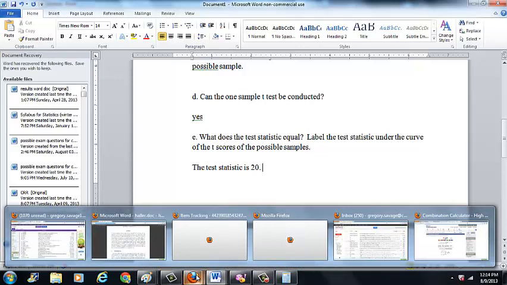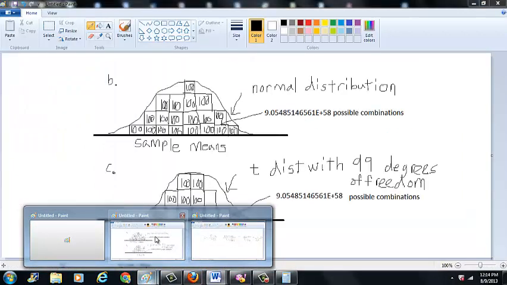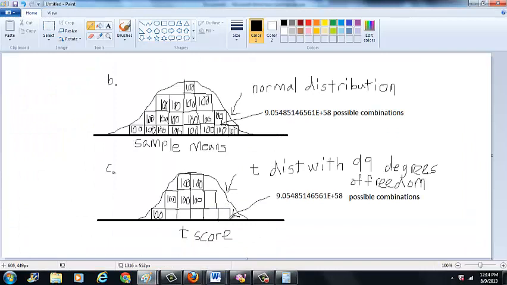Let's go back to the curve we made for part C. We need to label our test statistic.